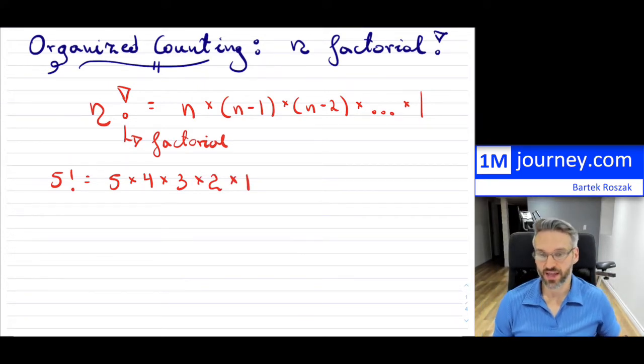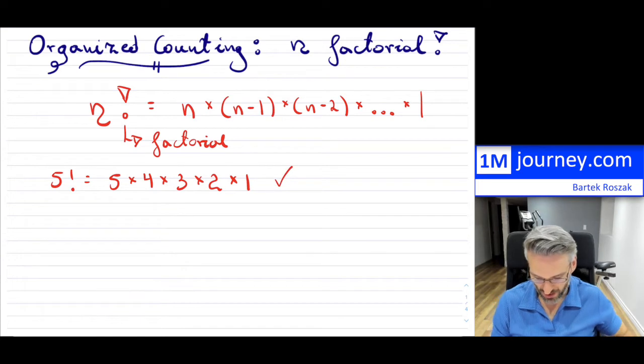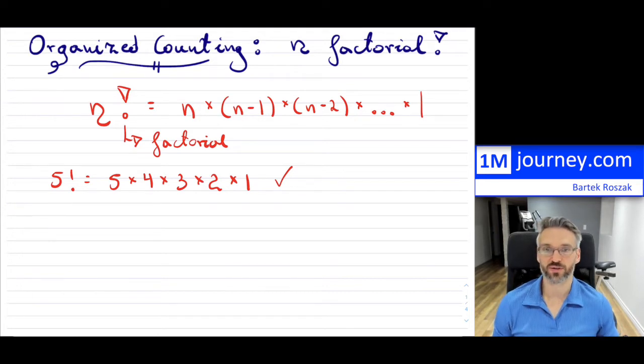And as you can see, if you do the multiplication, it's not very complicated, and you might say, well, why do I need to write this exclamation mark in there? Why can't I just write 5 times 4 times 3 times 2 times 1? And I would agree with you, okay?